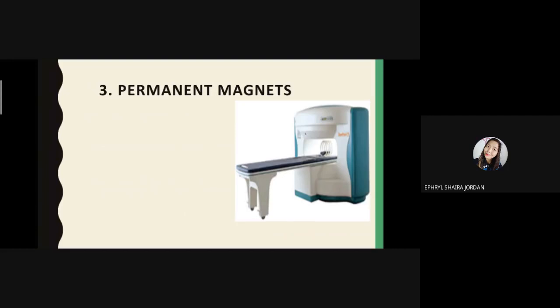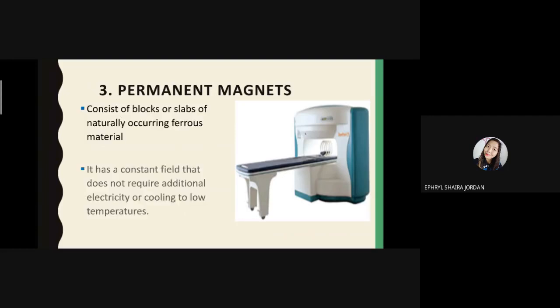Let's move on to the last type of magnet used in MRI. So the last is the permanent magnets. So the permanent magnets consist of blocks or slabs of naturally occurring ferrous material. So it has a constant field that does not require additional electricity or cooling to low temperatures.